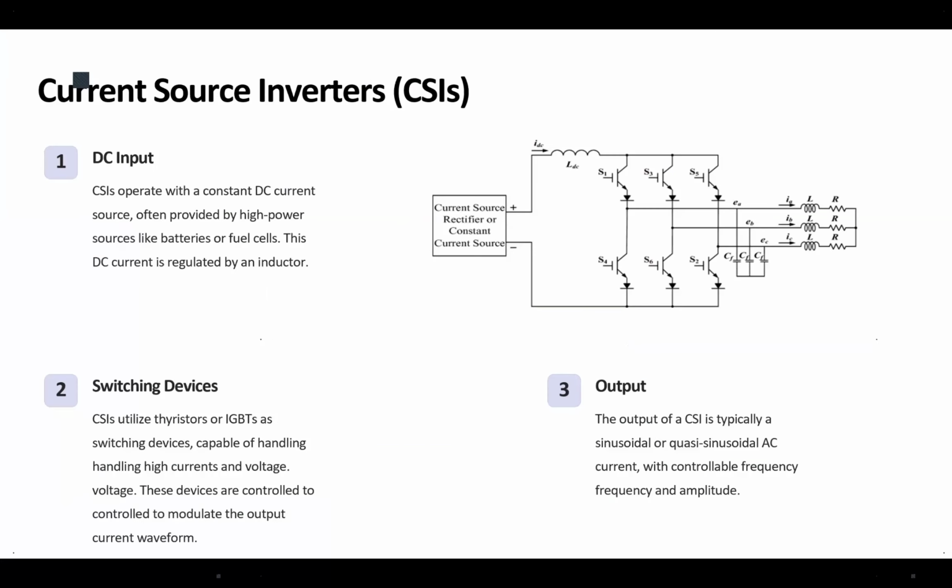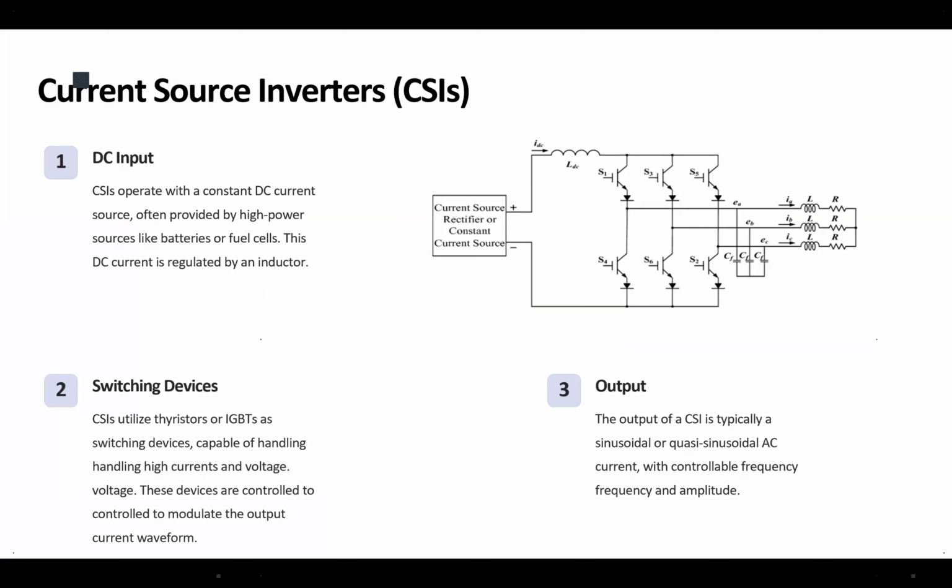Now, how about the current source inverter? What are the basics of that? As you can see from the figure, the current source inverters, as you can also tell by the name, the input is a constant DC current, okay? So voltage source works with the input of voltage, current source works with the input of current, okay?